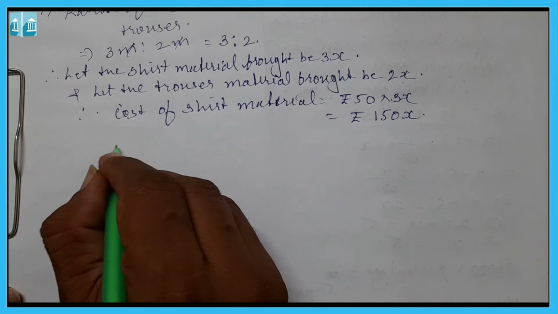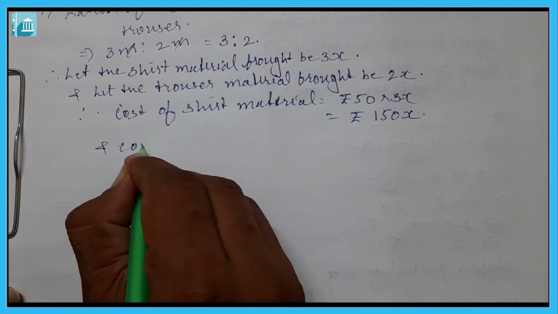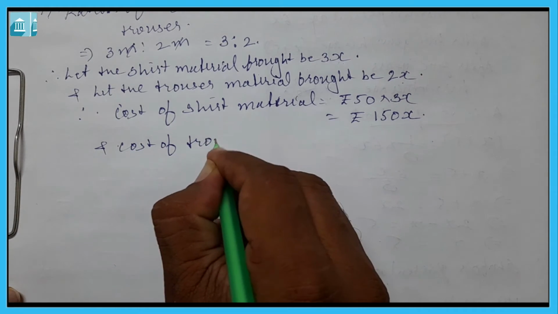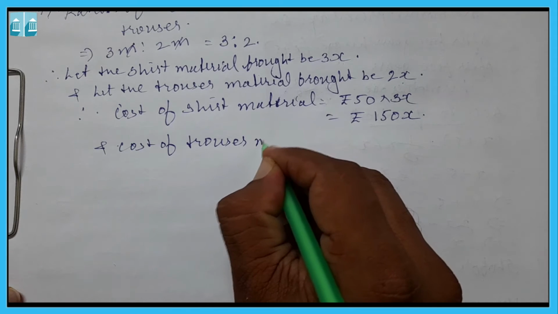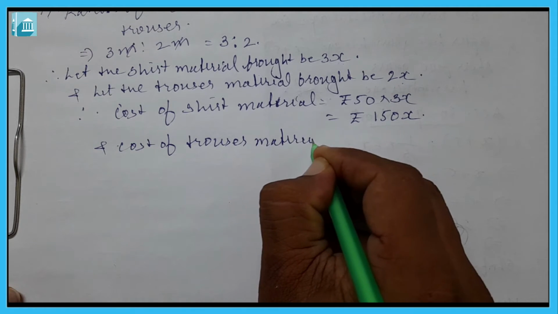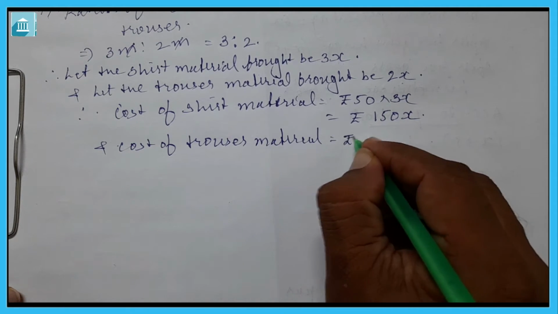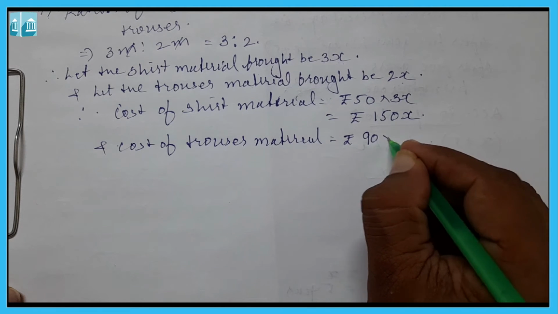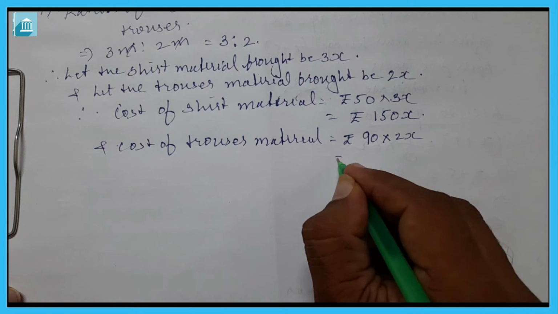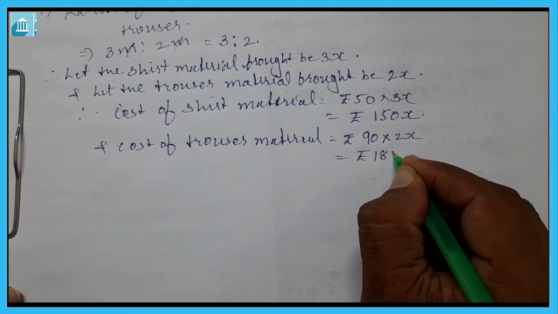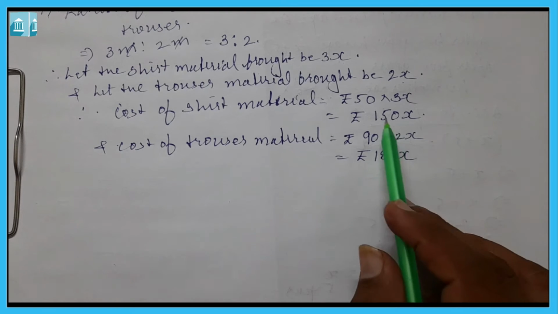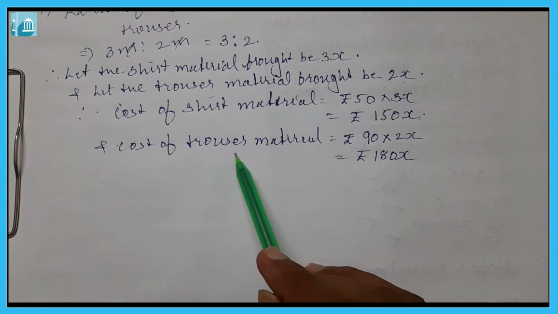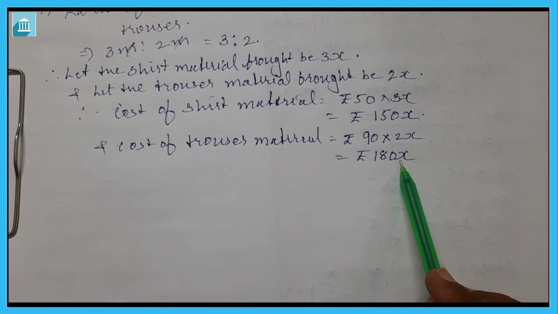And the cost of trouser material is equal to rupees 90 into 2x, which is equal to rupees 180x. Now rupees 150x is the cost of shirt material and rupees 180x is the cost of trouser material.